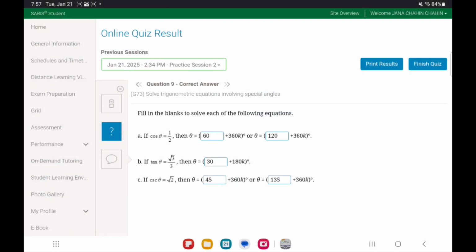Now, cosecant x equals radical 2. We know that cosecant is 1 over sine, okay? But you can't shift cosecant or shift anything in the denominator.